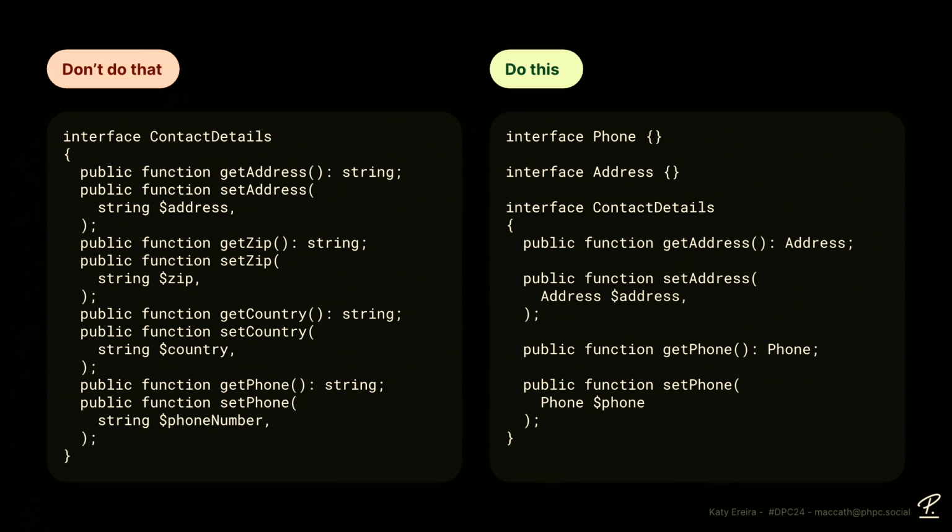That also reduces the scope of our contact details class, because we've managed to separate things out into individual component parts. And it's safer, because you can't just set a random string as a phone number for someone's contact details. Although it's the same amount of code, it's just a lot nicer. It works better.